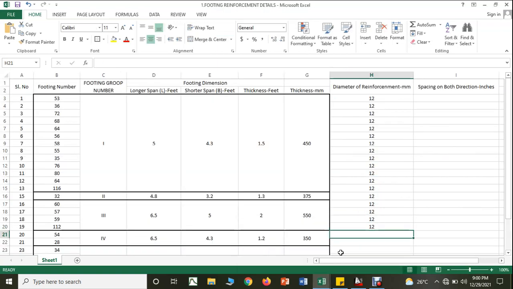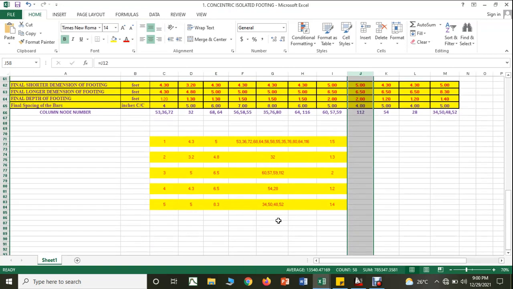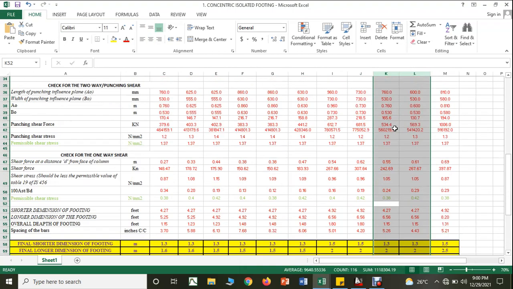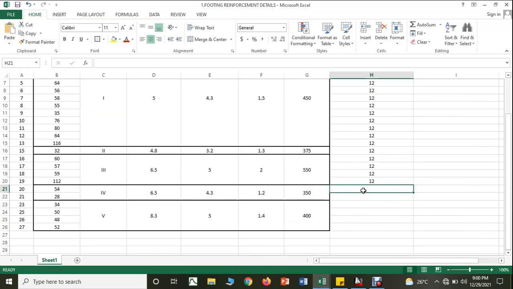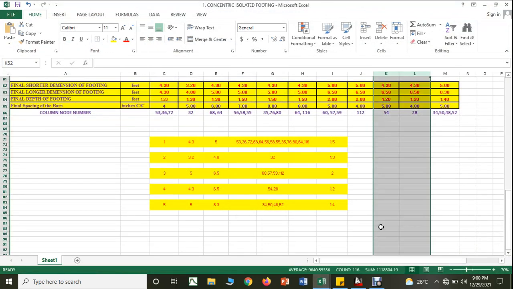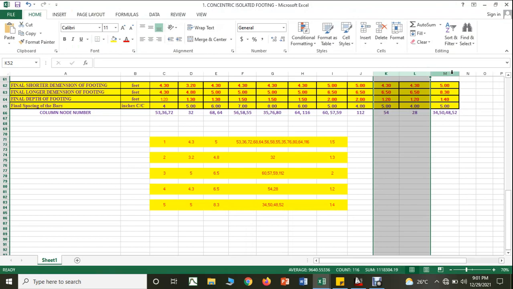Then what about this 54 and 28? Those are also 12, right? Then you have 34, 50, 48 and 52.